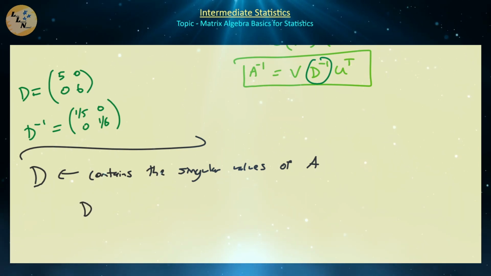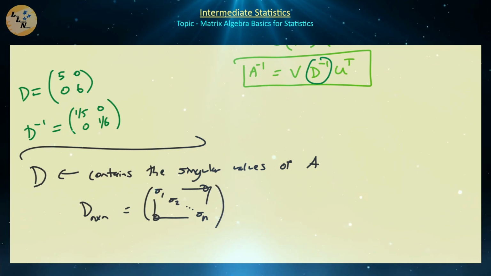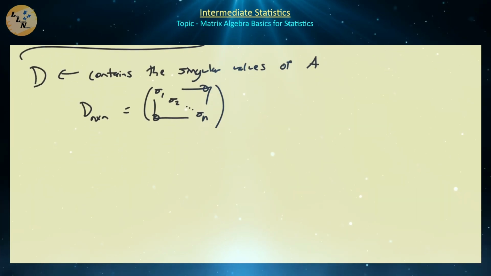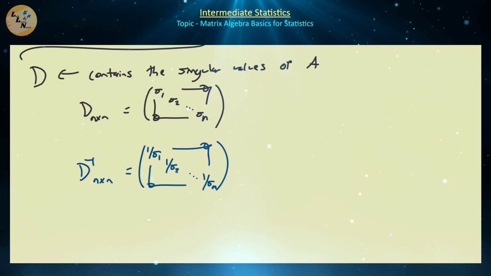So for example, if we have an n by n matrix, we're going to have sigma 1, sigma 2, all the way down to sigma n, and then zeros elsewhere. And if it's an m by n matrix, then it's sort of like a pseudo-diagonal matrix. So if you have the inverse of this n by n matrix, that's just going to be the reciprocal of the singular values. So 1 over sigma n, and then zeros elsewhere.